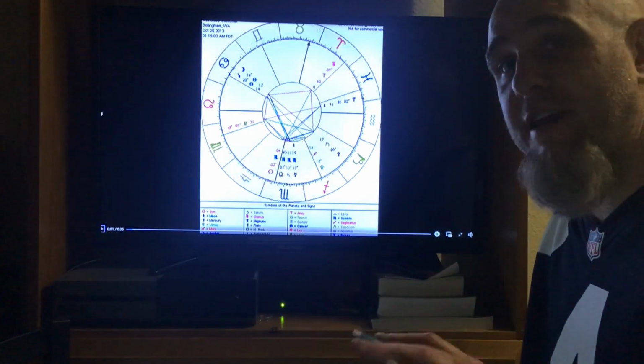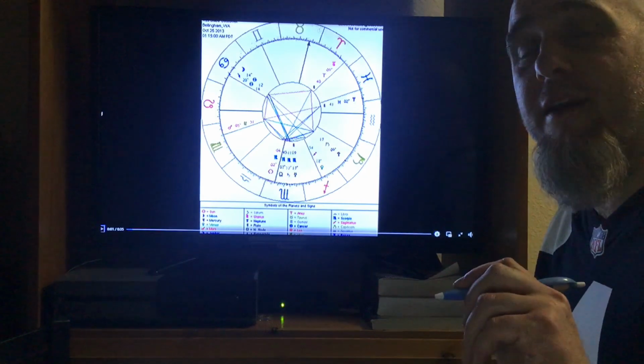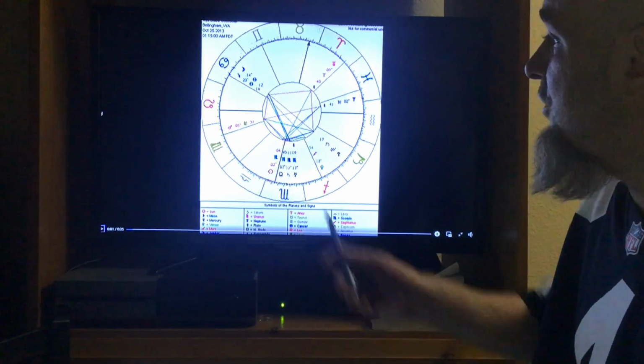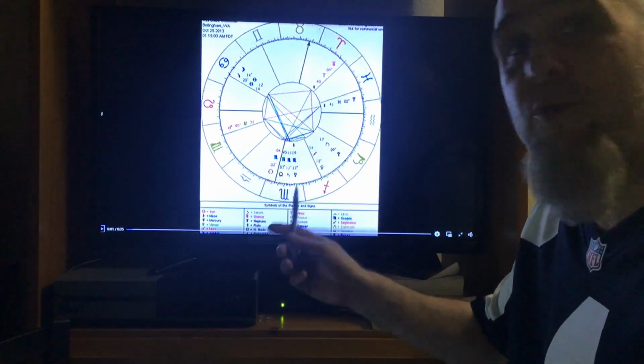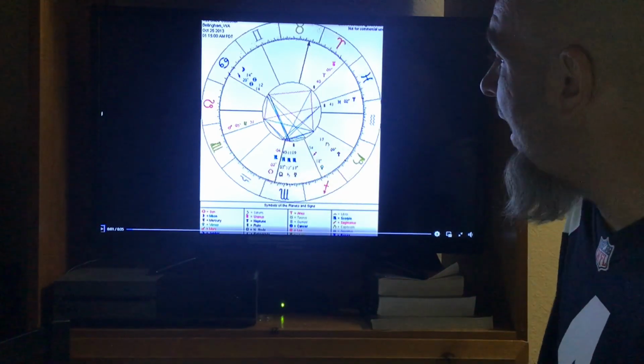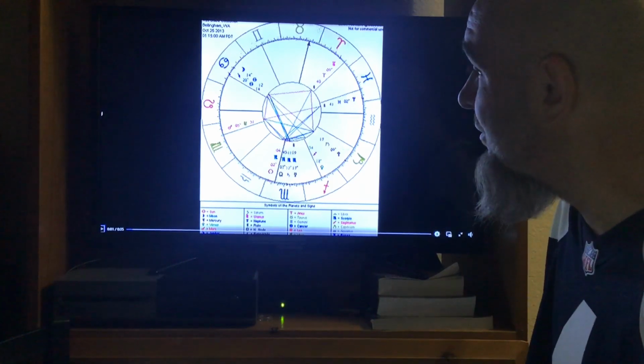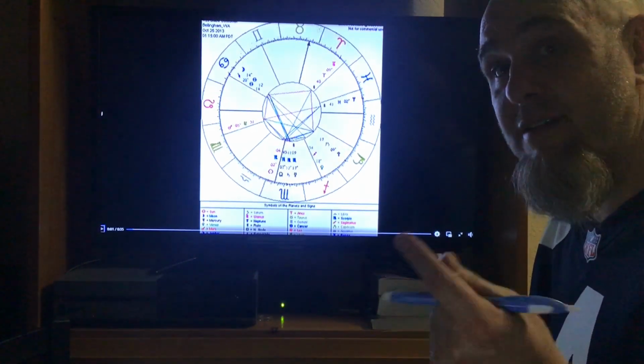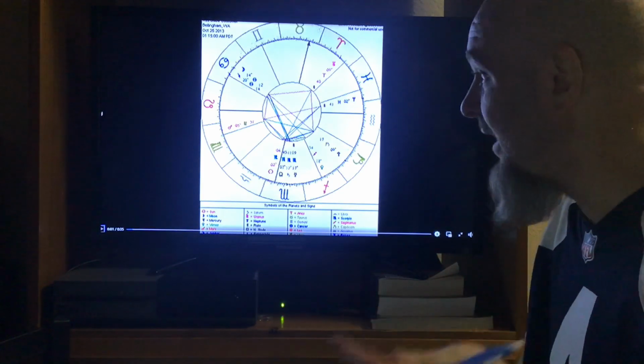This is where things get kind of complicated and people start to get confused, because each one of those little lines is a two-paragraph explanation of the type of energies you're going to feel. And house placement and sign can change things.